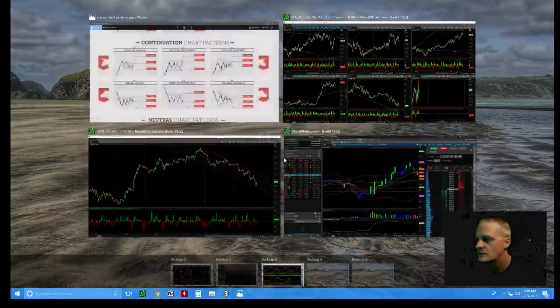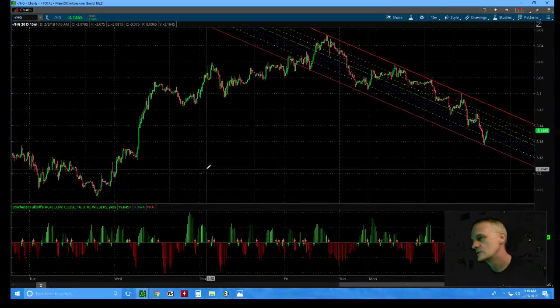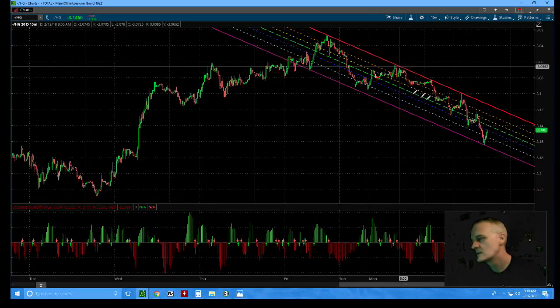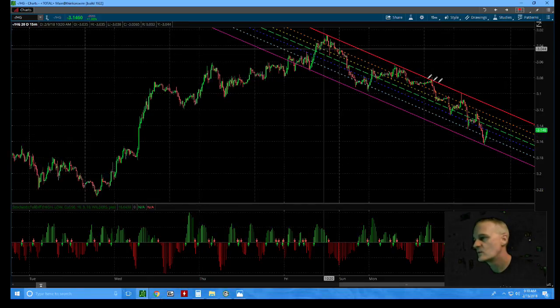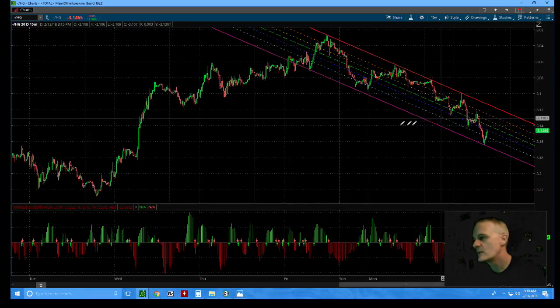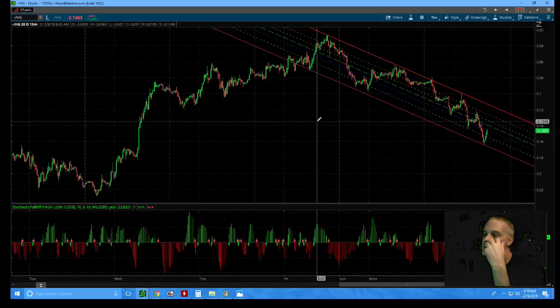Not that those other chart patterns would be invalid, but this doesn't look like it's wedging, or like a pennant. It's basically trading in a rectangle, but at a slant down.